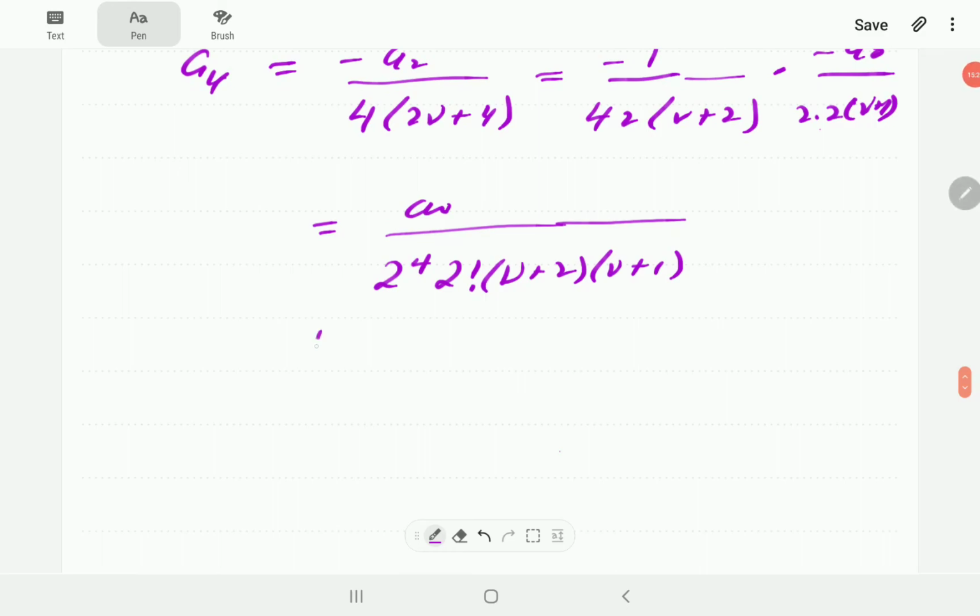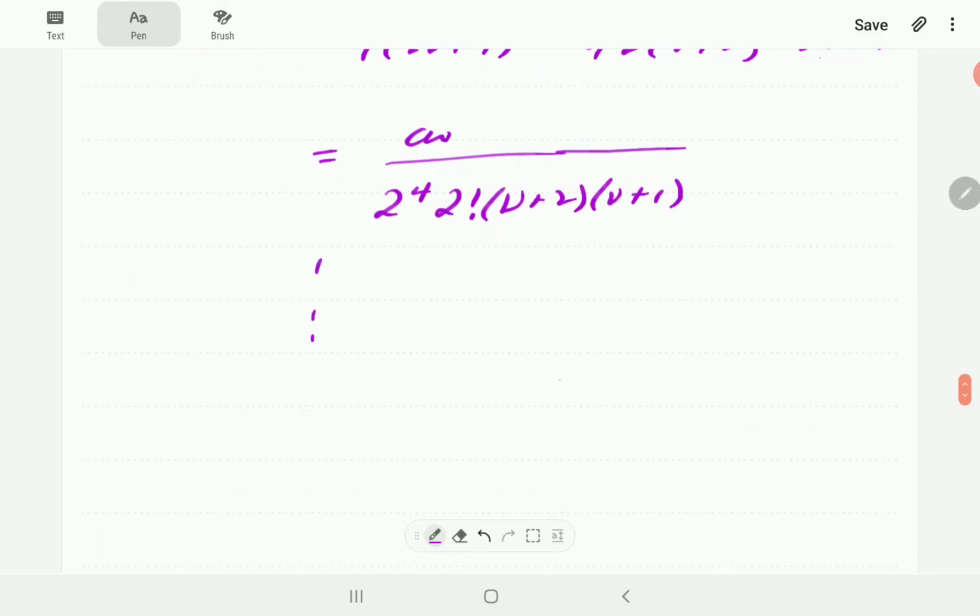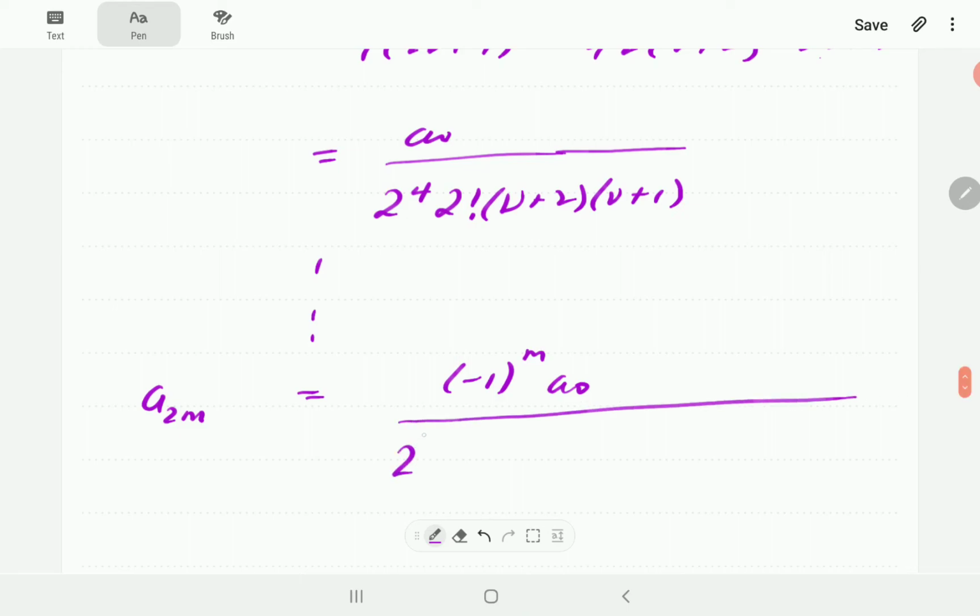And then if we keep going with this, we are going to see that in general a2m is going to be negative 1 to the power m times a naught. Then in the denominator, we're going to have 2 to the power 2m, which is like this term here.